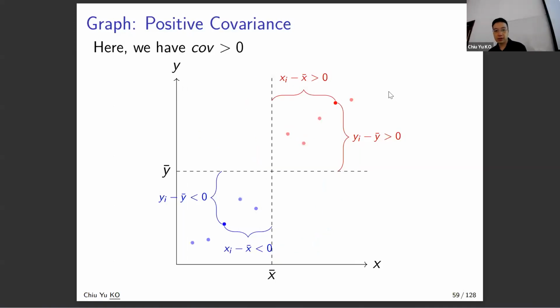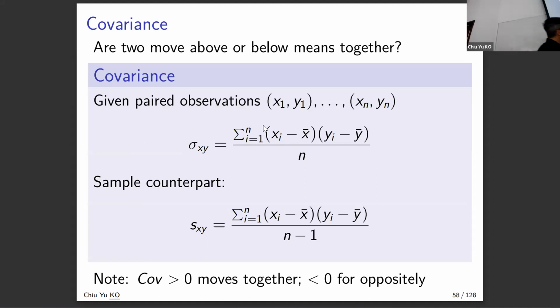Let's go back to here. That's the measure. It's looking at the product of the distances above the mean. If they are both above, they move together. If one is below, it's negative, they are opposite. Okay? So that's the idea of the covariance.